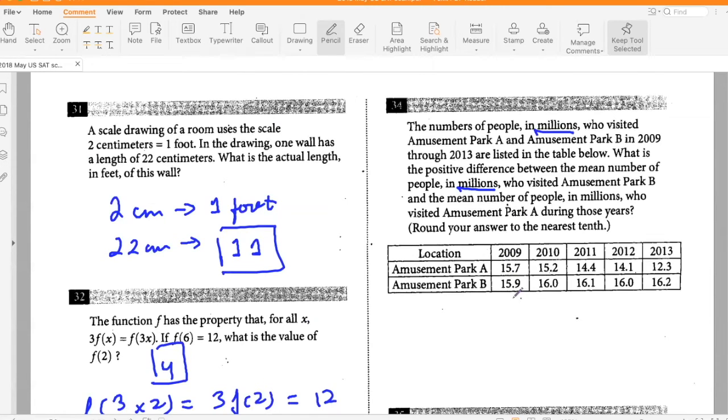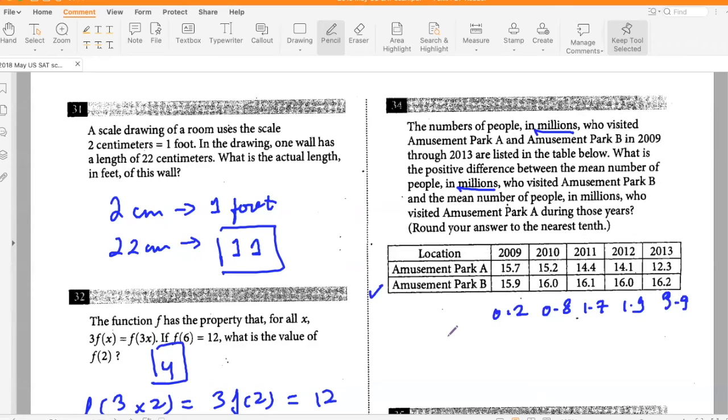So let's say we do B minus A. So this is 0.2, this is 0.8, this is 1.7, 1.9, and this is 13, 14, 15.3, 3 plus 3.9, right?